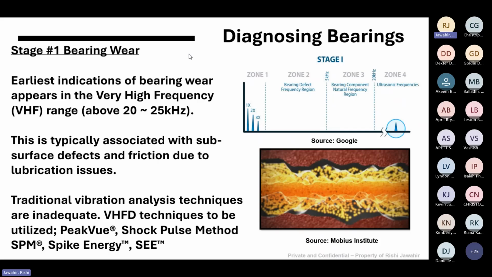It indicates very high energy or high activity in what we call the very high frequency range, which is typically above 20 to 25 kilohertz, which is 20 to 25,000 hertz. Sometimes we require special accelerometers or special techniques, and we'll get into those techniques for diagnosing or picking up early, stage 1 bearing failures.